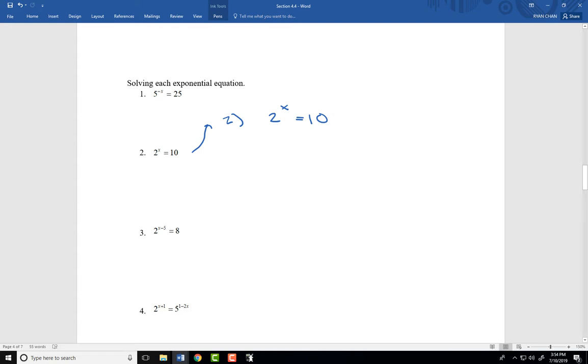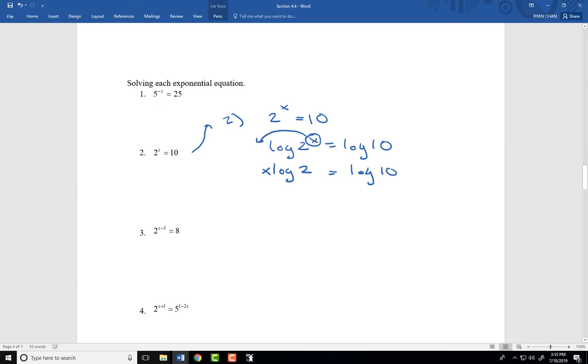What I can do is take the log of both sides. Why would I take the log of both sides? Remember, one of our three properties is that if I have an exponent, I can take that and move it across like this. So I have x times log of 2 equals log of 10.